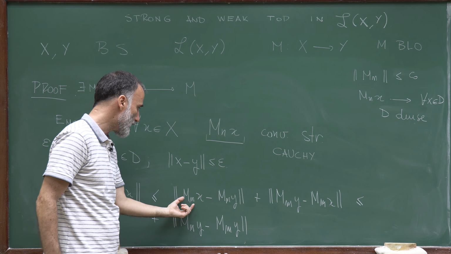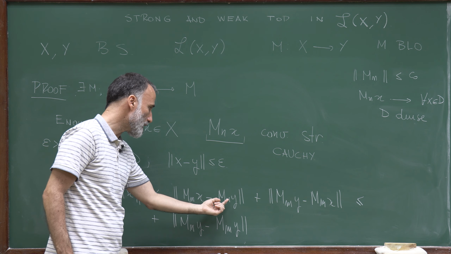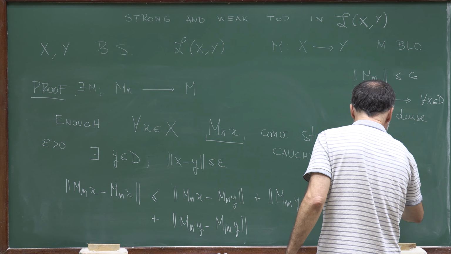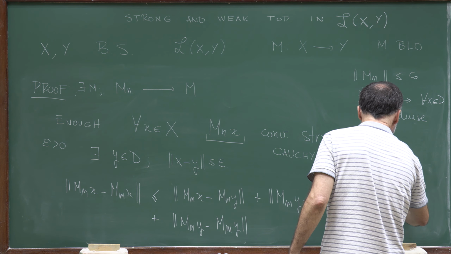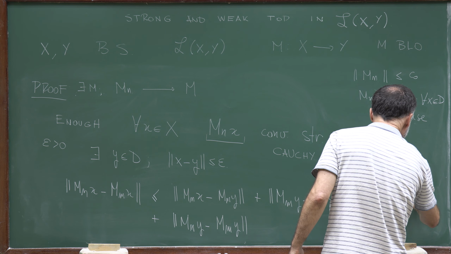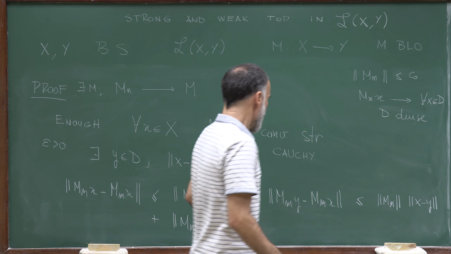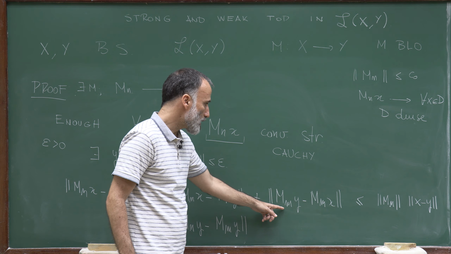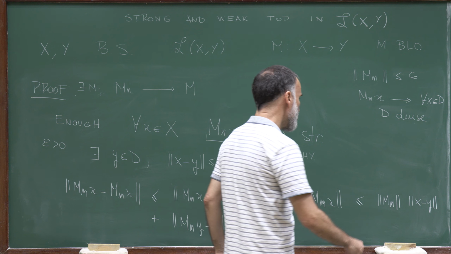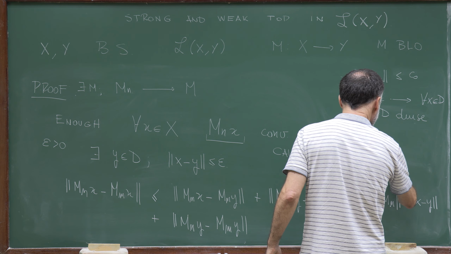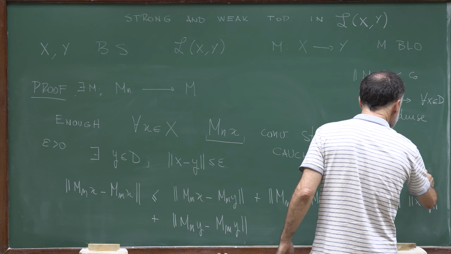The first term by linearity is Mn applied to x minus y. We have seen that this is bounded by the norm of Mn times the norm of x minus y. And we can proceed in the same way for the last term, which is bounded by the norm of Mm times the norm of x minus y.